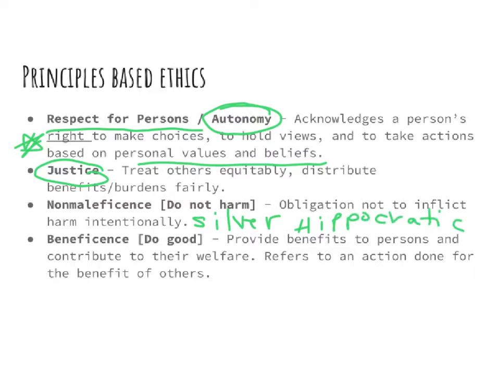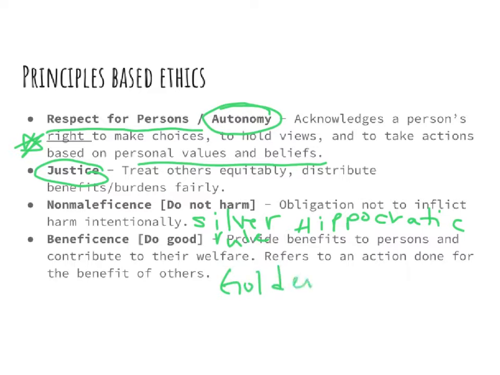The Hippocratic Oath is that a doctor should do no harm. In terms of the silver rule, you don't do to others what you wouldn't want done to yourself. And then finally is beneficence, or the golden rule.